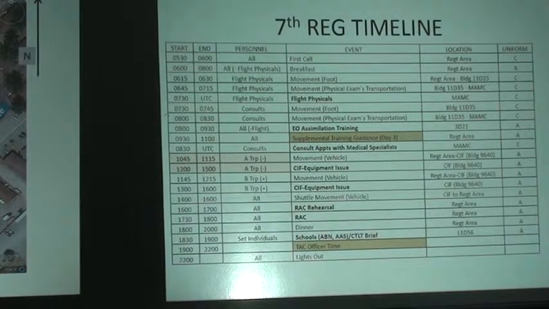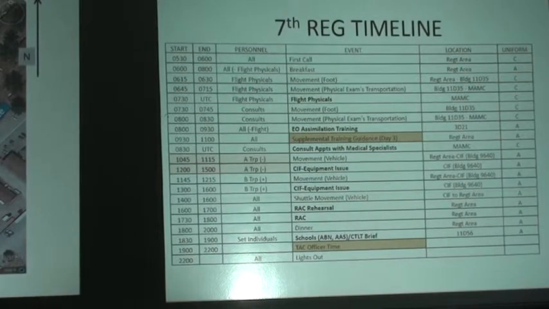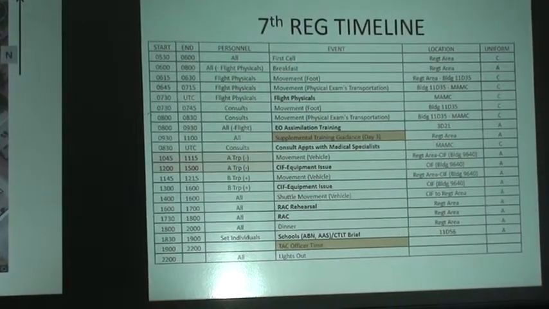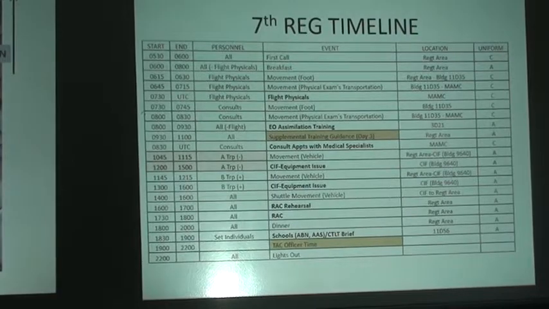Look at the timelines for everybody, and then for CIF purposes, look at the timelines for Alpha Troop and for Bravo Troop. It is critical that we do not miss any of those timelines.